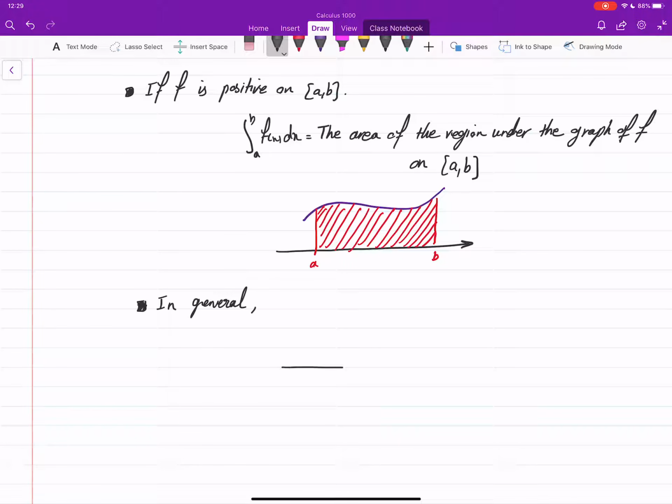Well, on some regions, the function can be positive. On some other ones, it can be negative. If this is A, this is B.